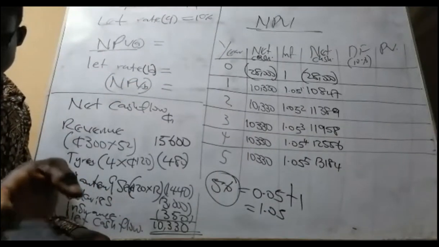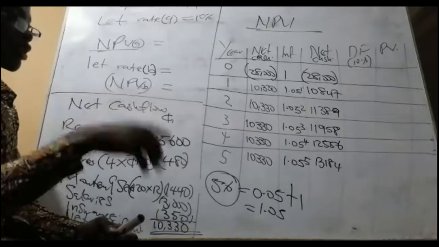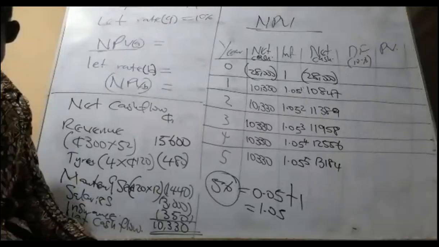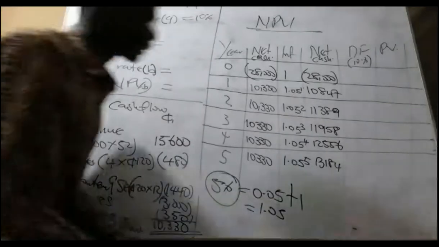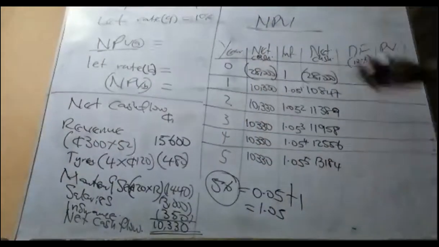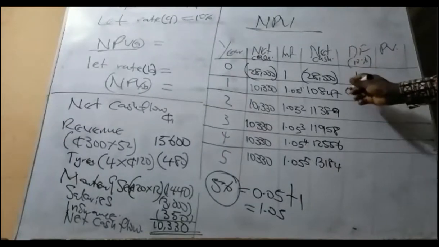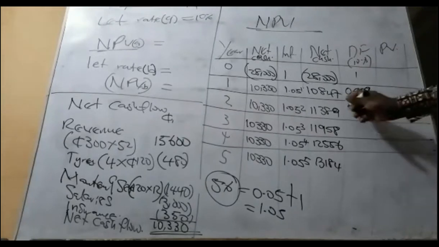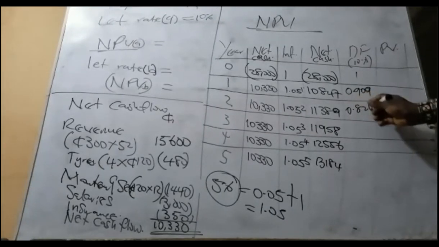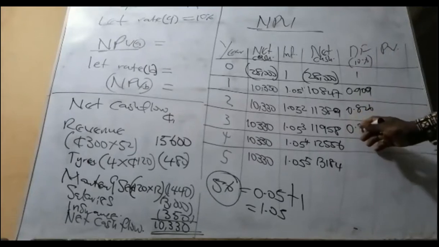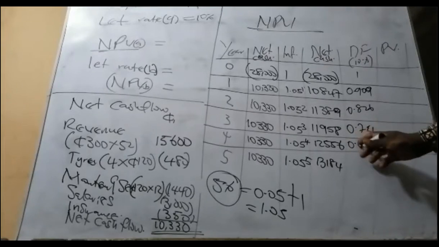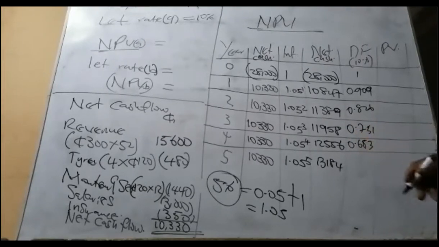Now let's continue. Let's find the discount factor for the 10% to calculate the first NPV. So the discount factor is 10%. So the 10% discount factors will be: year 0 will be 1, then 0.909, 0.826, 0.751, 0.683.